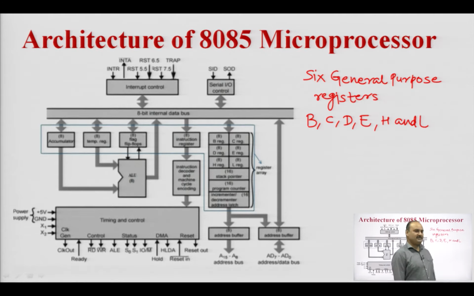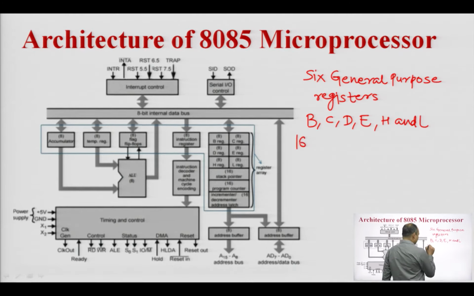Microprocessor uses this general purpose register during the execution of instruction, or we can say that these registers are available for the programmer during the programming. So, with the help of each 8-bit register, we can perform 8-bit operation. To perform 16-bit operation with the help of general purpose register, we use register pair.